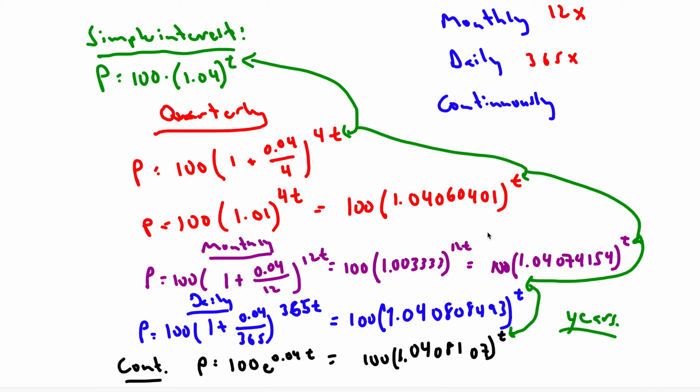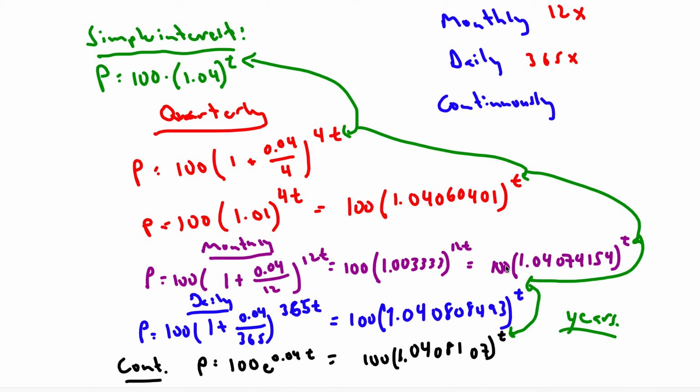So if I plug in 1, it means after 1 year, 2 means 2 years, and so on. As I increase the compounding interval, what happens? Well, if I do it once, I get 4%. That makes sense. If I do it every 3 months, that is 4 times in 1 year, I get slightly better. Not much, but slightly better than 4%.